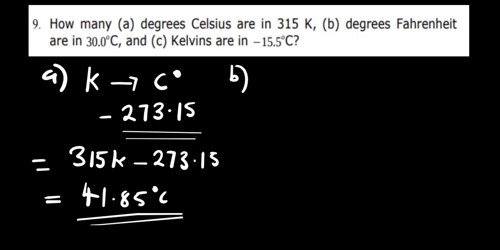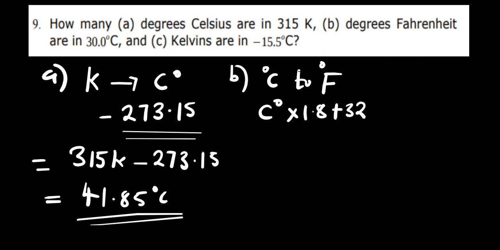Let's come to B. Now to B, we are told to convert to degrees Fahrenheit from 30 degrees Celsius. So we're converting from degrees Celsius to degrees Fahrenheit. What you do for degrees Fahrenheit is you get your Celsius temperature, multiply it by 1.8, then after you find your answer, you add 32.